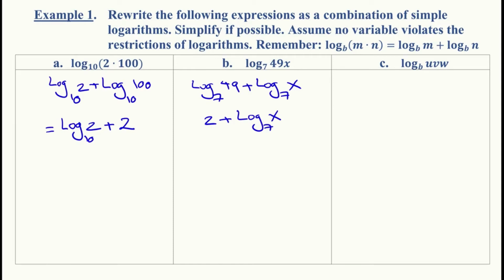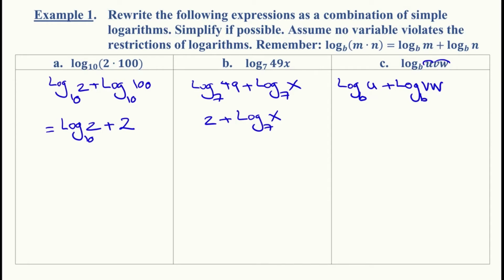The next one, we're going to apply the product rule twice. The first time we can, for example, apply it to u and then vw, and then we apply it again. So we end up with log base b of u plus log base b of vw. So we split it up like this right now. And now we notice we can apply the rule again to this log of a product.